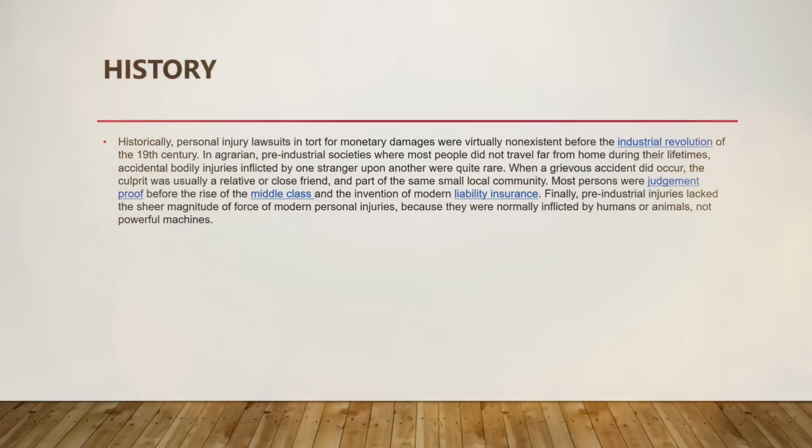When a grievous accident did occur, the culprit was usually a relative or close friend and part of the same small local community. Most persons were judgment proof before the rise of the middle class and the invention of modern liability insurance. Finally, pre-industrial injuries lacked the sheer magnitude of force of modern personal injuries because they were normally inflicted by humans or animals, not powerful machines.